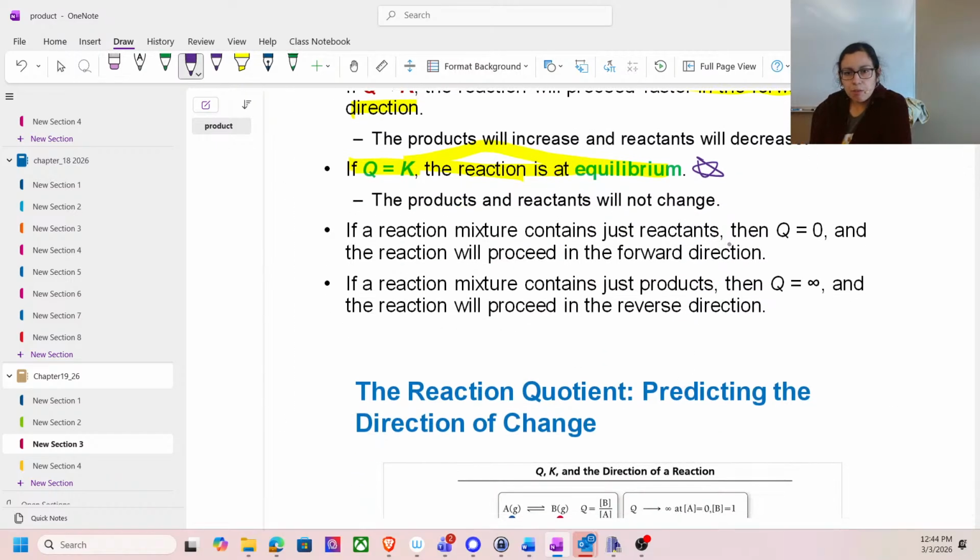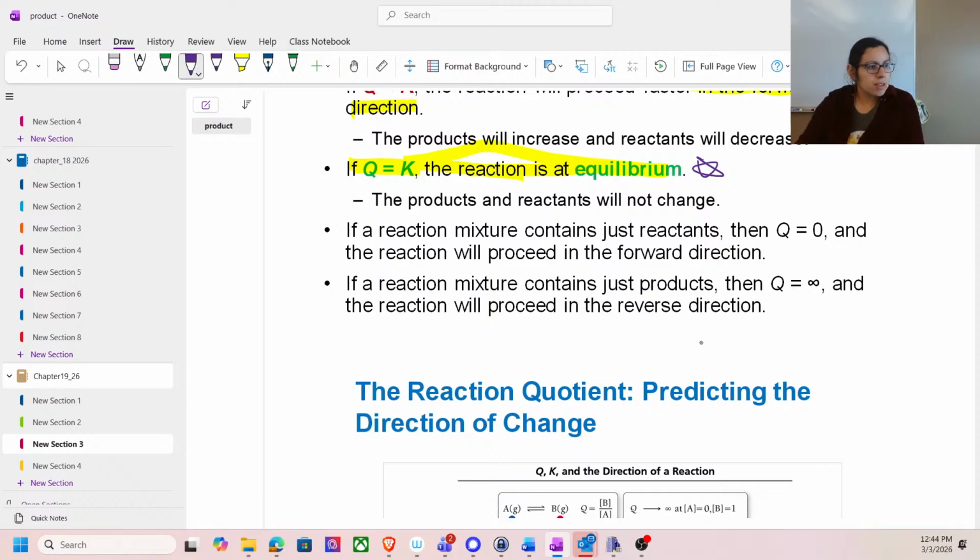Going back to where we started, we can now safely say that if our reaction mixture just has reactants, then Q is essentially 0 and it's proceeding in the forward direction. If it's essentially just products, then it's going in the reverse direction.